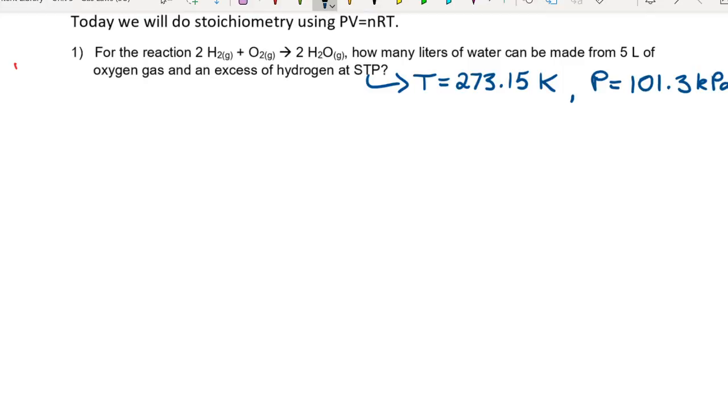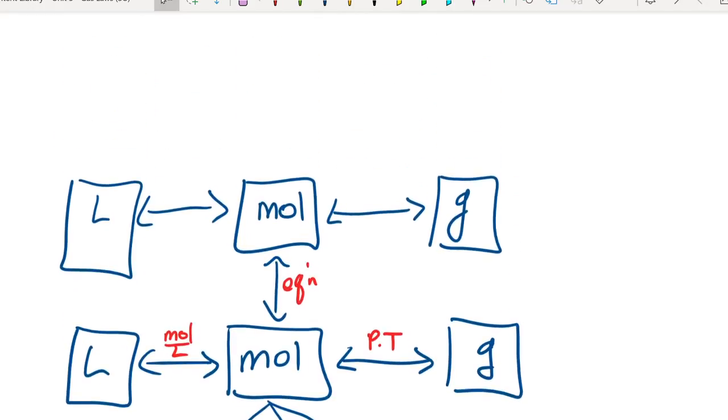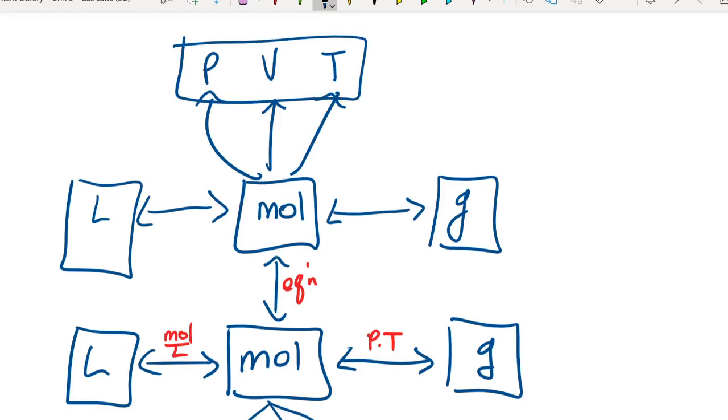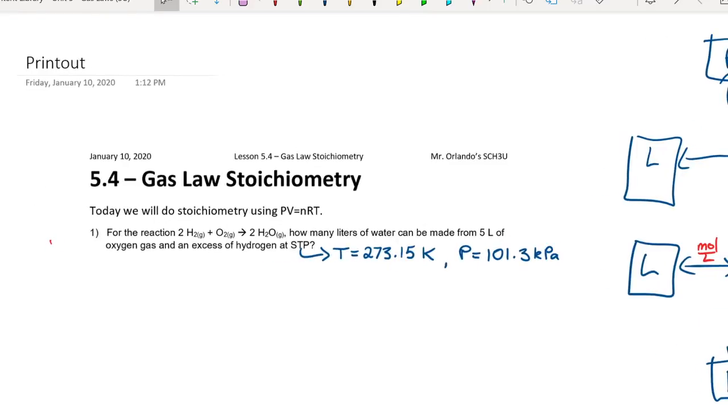of oxygen gas. Now, to do this, going over here, in fact, I might have to show this here too. P V, T, same thing. So here, we are starting with knowing how much oxygen gas we have, right?